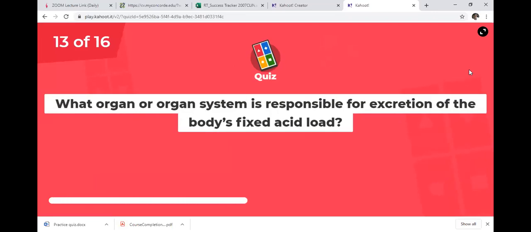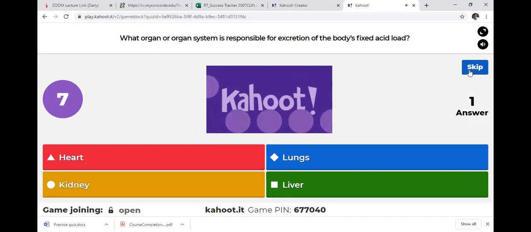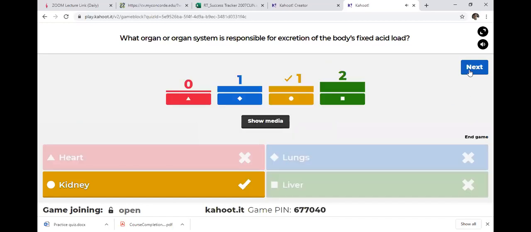What organ or organ system is responsible for excretion of the body's fixed acid load? What other organs do you think would excrete the body's fixed acid load? Excellent.